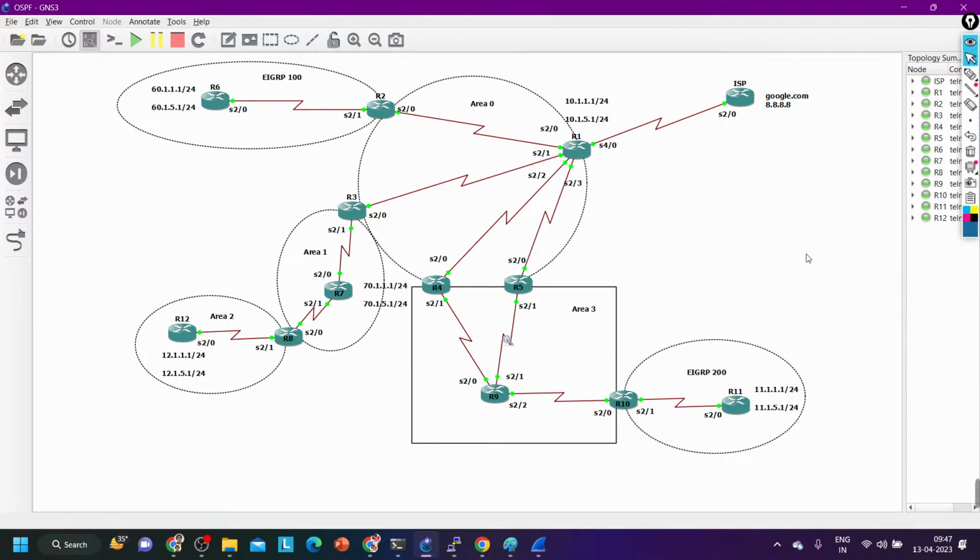So that's why we have the fourth type of area, that is NSSA area. In NSSA area, LSA 4 and LSA 5 are not allowed, but an ASBR router is allowed. So the ASBR router will generate what? LSA 7.